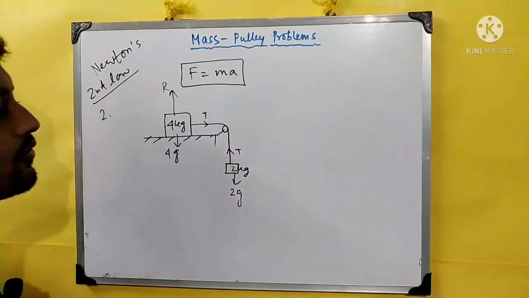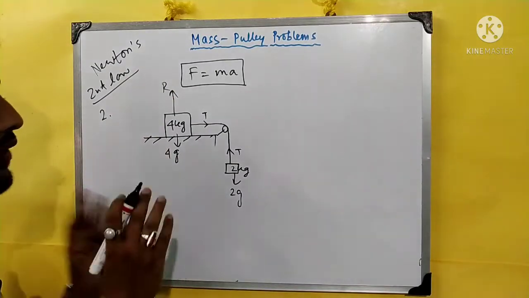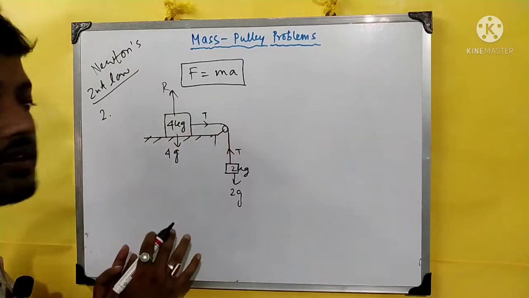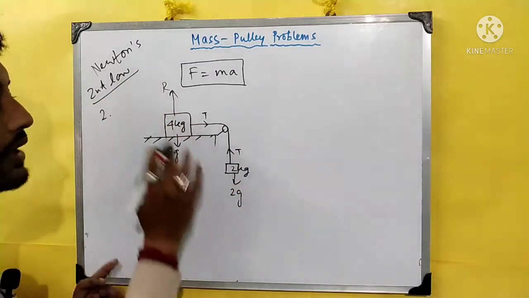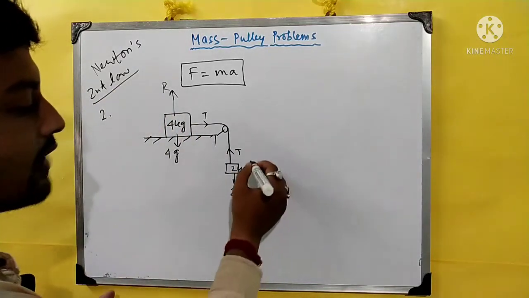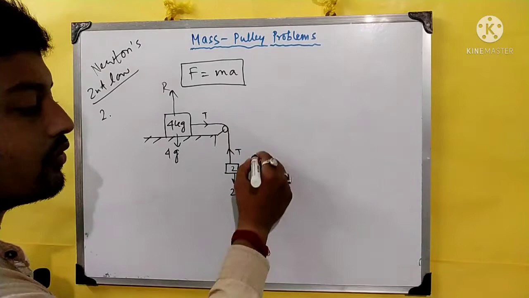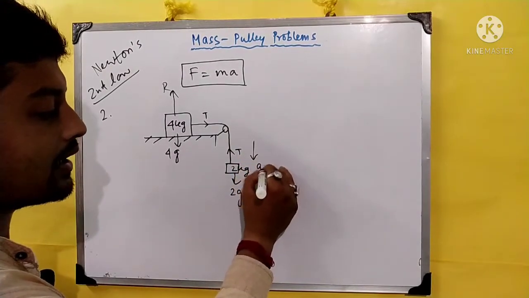So you have to consider just the tension for this particular mass, and let me take the acceleration with which this system is moving downward.